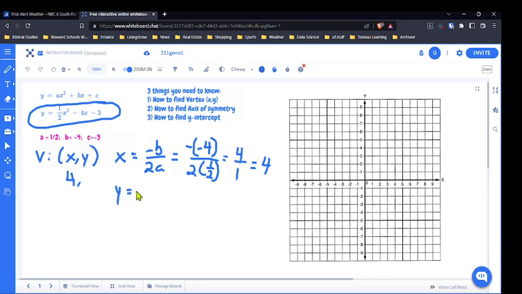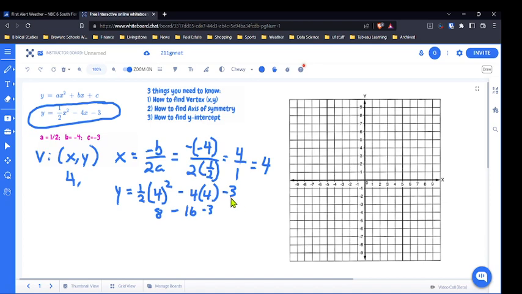So y is equal to 1/2 of 4 squared minus 4 times 4 minus 3. If we do the math, we always do the exponents first, following PEMDAS. 4 squared is 16. Half of 16 is 8. And then minus 4 times 4 is 16, so minus 16, and then minus 3.